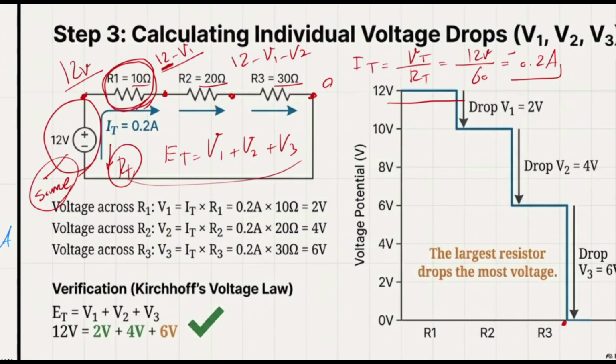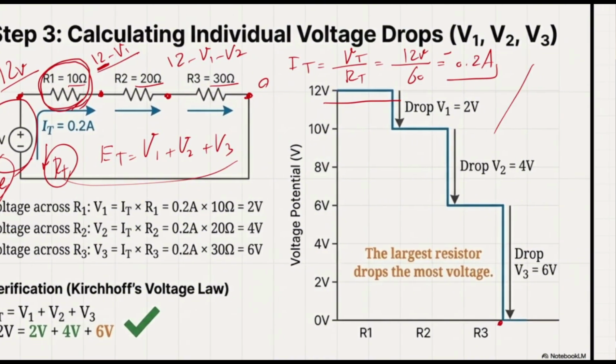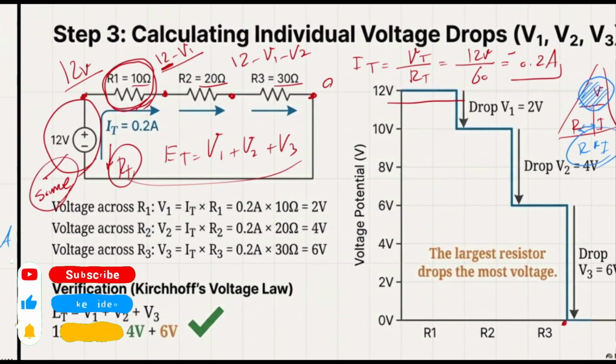On the other hand, we know from that specific triangle that V is going to be R times I. If I would like to find the voltage drop, the only thing that I have to do is put my thumb there. And what do I have? I do have R and I side by side, or R multiplied by I. Cool. So the voltage across R1 is going to be I total, because we know I total equals I1, I2, I3.